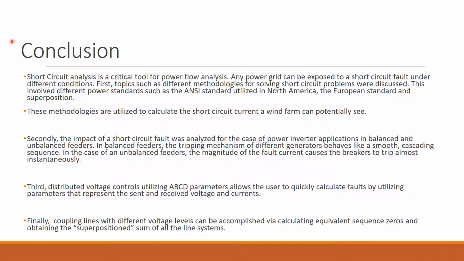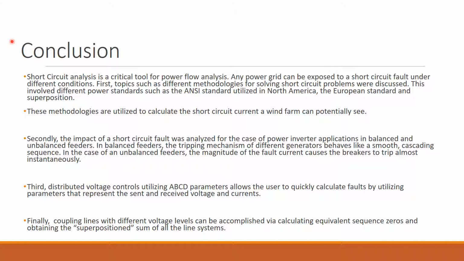These methodologies are utilized to calculate the short circuit current a wind farm can potentially see, and they all agree that by having the final calculation from any of these standards, you're obtaining a valid short circuit current that will allow you as a design engineer to know this is your limit, this is going to be your fault current if you were to have a fault, or this is the protection that you're going to require for your system.